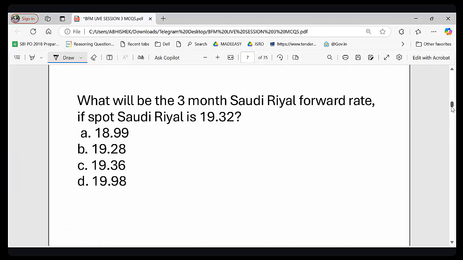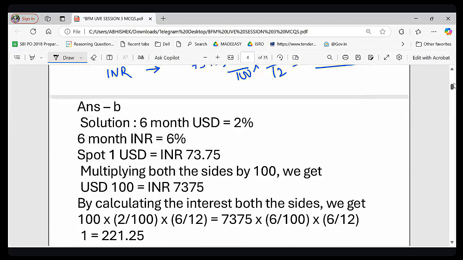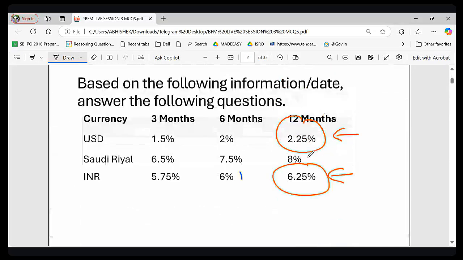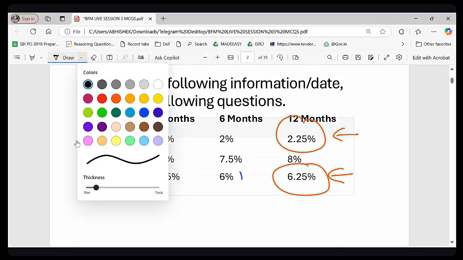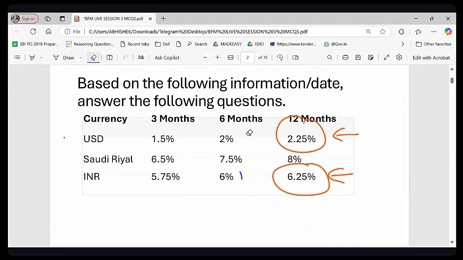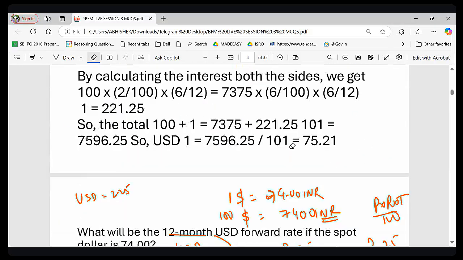Let me again show you the table. So this was the initial table. If any one of you has not taken the screenshot, please take the screenshot again, because this is a type of case study, right? Take a screenshot of this particular interest rate table. You will use it throughout this question. I hope you have taken the screenshot. Now let's move to this question again.